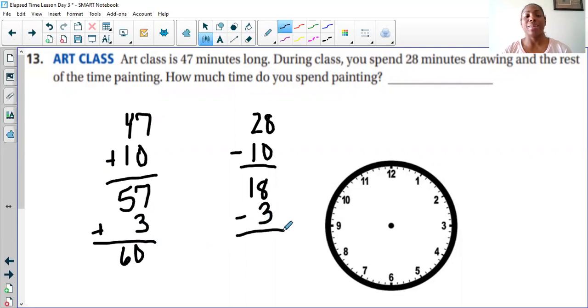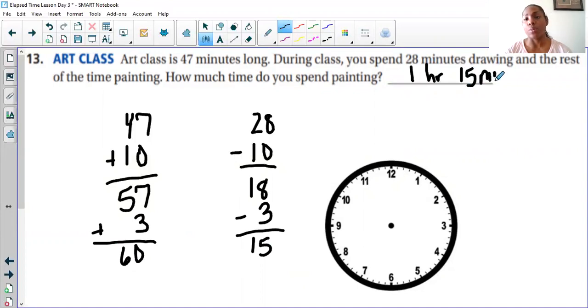And so 18 minus 3 will give me 15. So now this makes it a little bit easier to figure out how much time I spend painting. Why do you say that? Because I know that there are 60 minutes in an hour. So this 60 is going to be 1 hour. And then, of course, how many minutes do I have left? 15 minutes. So it would be 1 hour and 15 minutes.